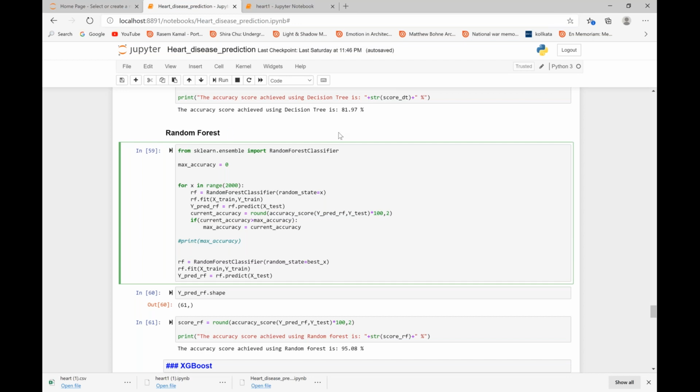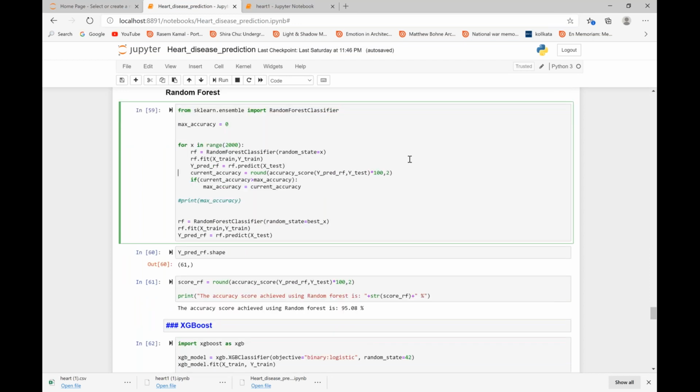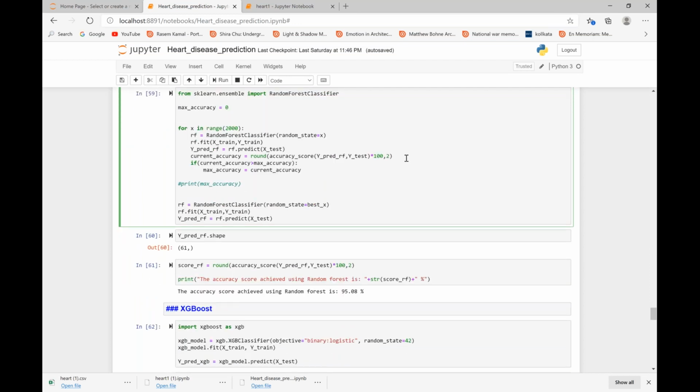Using this random forest classifier, we achieved about 95.08 percent accuracy.